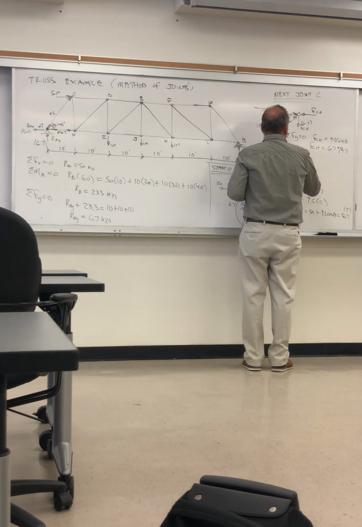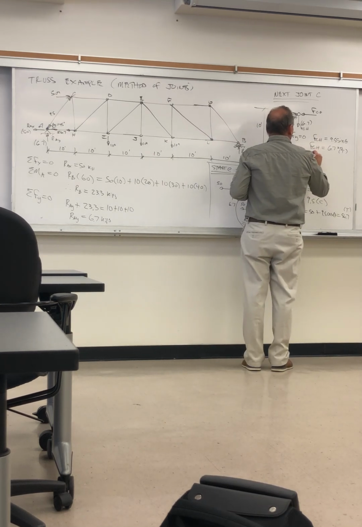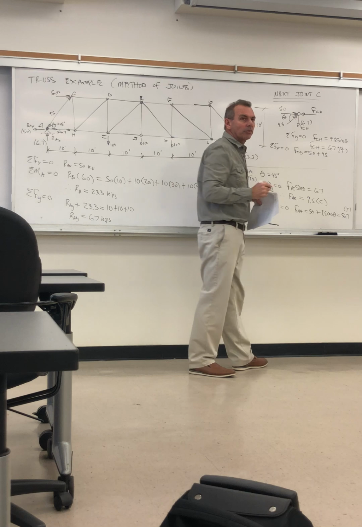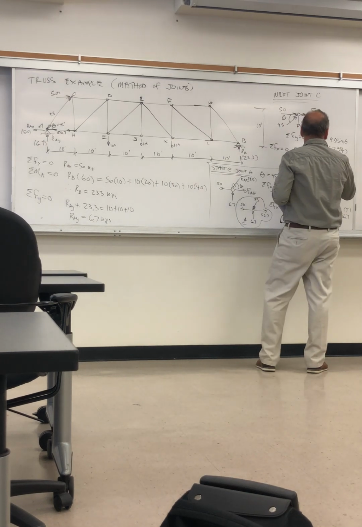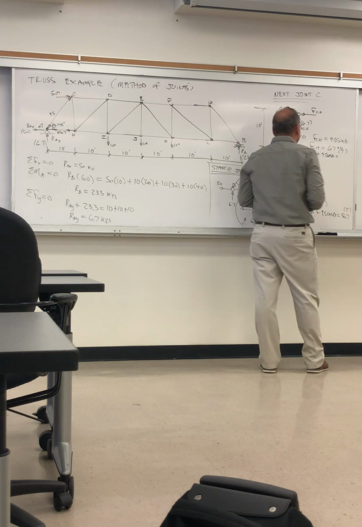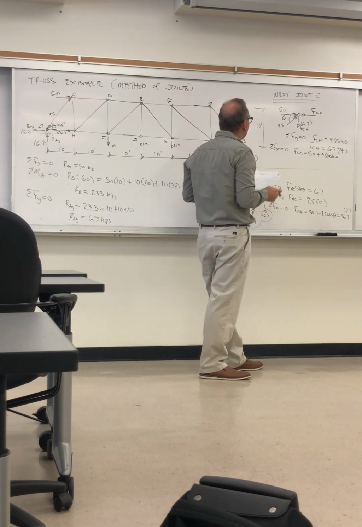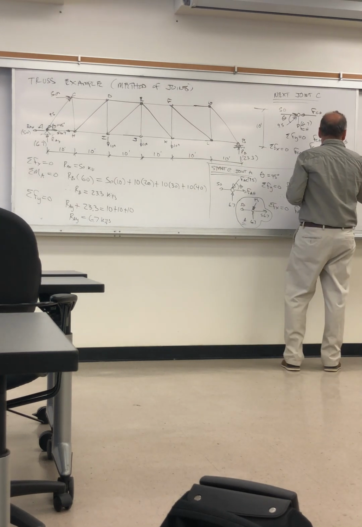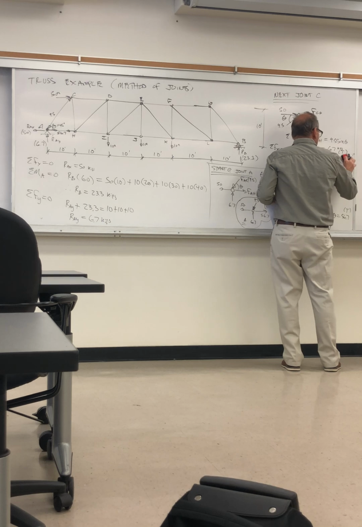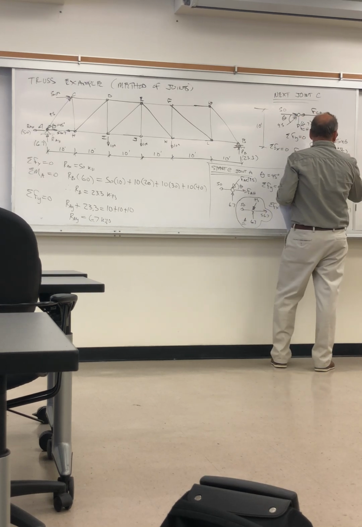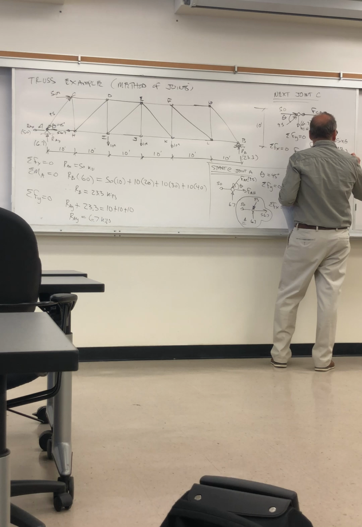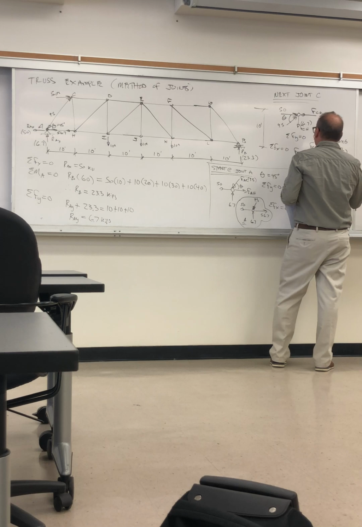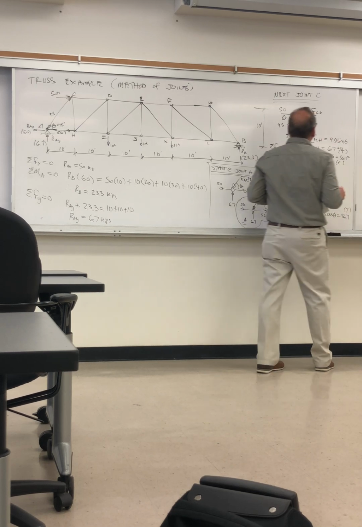We have F of CD equals 50 plus 9.5 times the cosine of theta, which is 56.7. Compression.